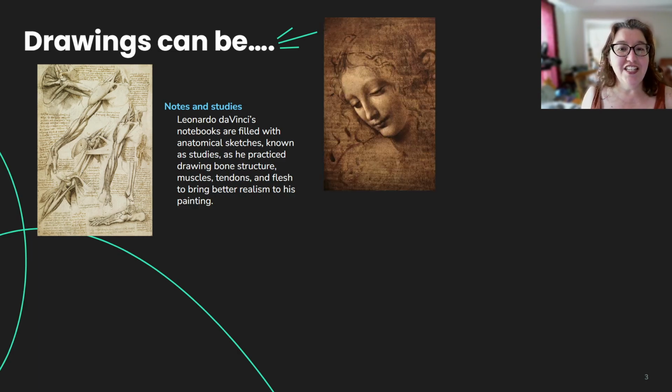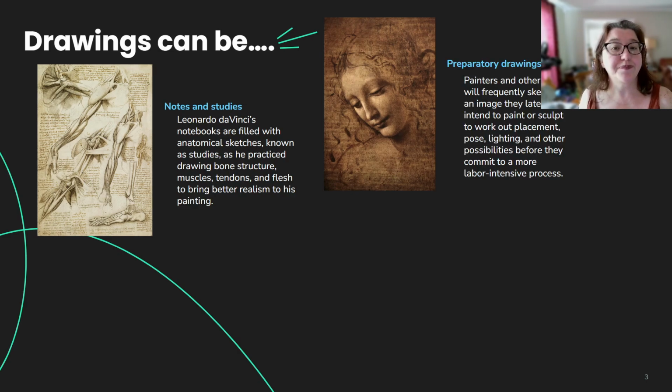But he is just an example of what kinds of drawings different artists can make. So studies, notes, practice, and what we call preparatory drawings. Painters and other artists, sculptors, mosaic makers, fashion designers, everybody frequently uses a drawing technique to sketch out elements for the final product.